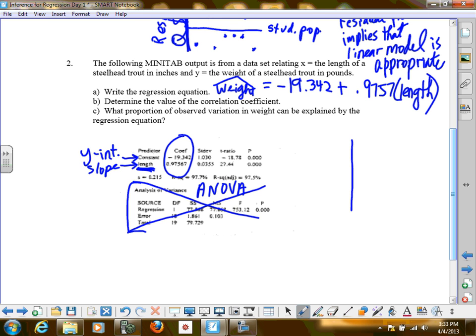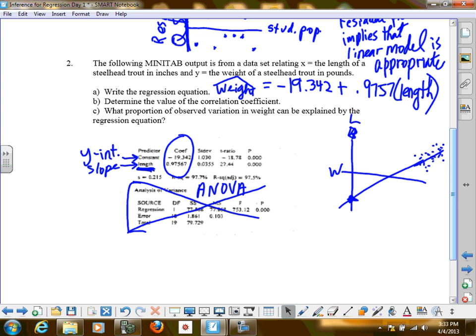Extrapolation occurs when, see, here is the weight. That's the length. Here's the weight. Okay, this negative 19 makes no sense, because all our data was here, and this down here is far away from the observed data. So that's called extrapolation, when you're using something far away from the data.